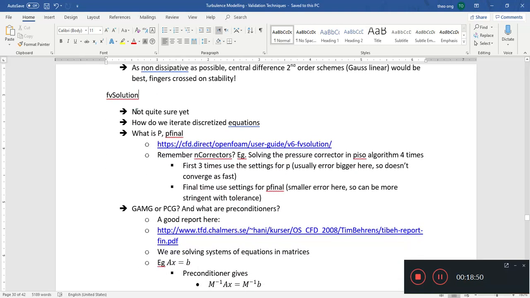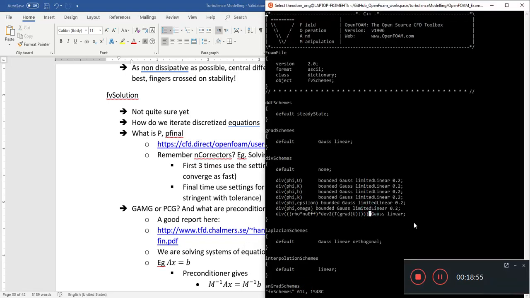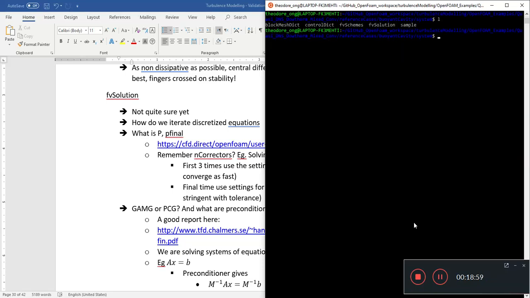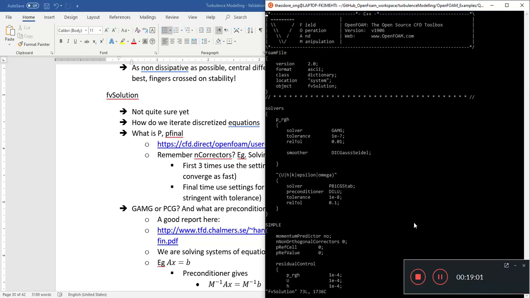Now fvSolution, this one's a little bit more interesting or challenging, so I'll just quickly go through it. Okay, fvSolution will tell you what tolerances you need, and of course you may not know what this GAMG or PBiCG step is.